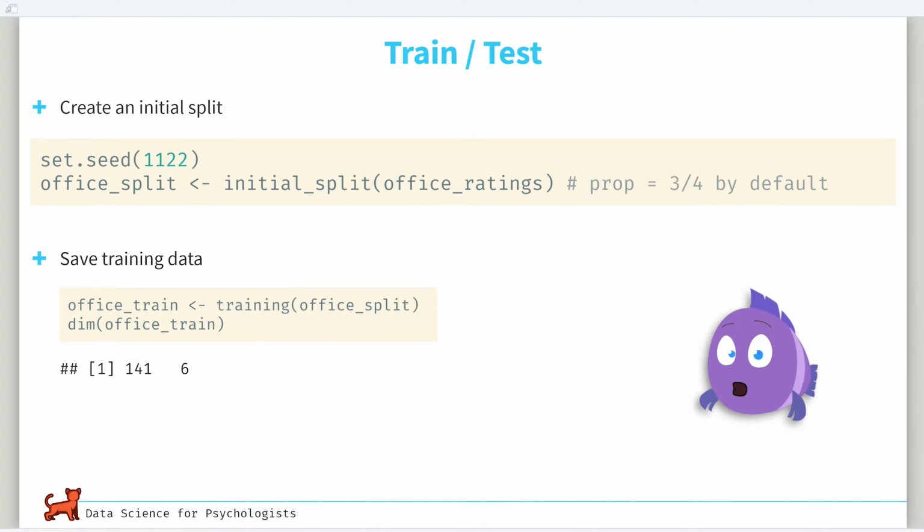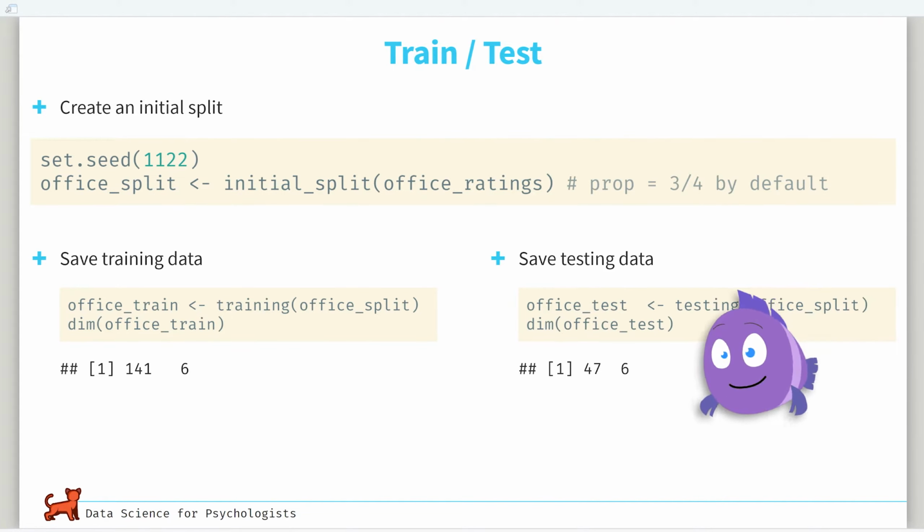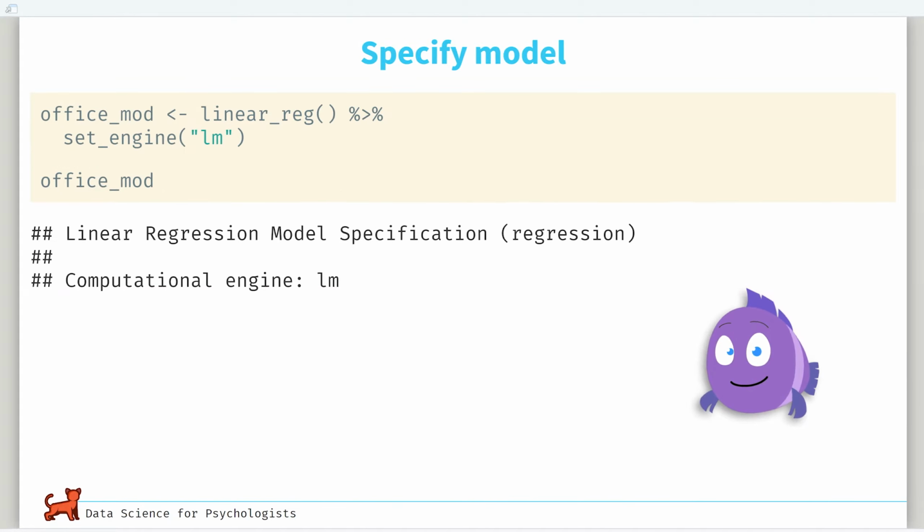We can see here that 141 episodes have been captured in the training set and almost 50 in the test set. We're going to specify our model, just a basic linear regression, just as a refresher of how tidymodels work.